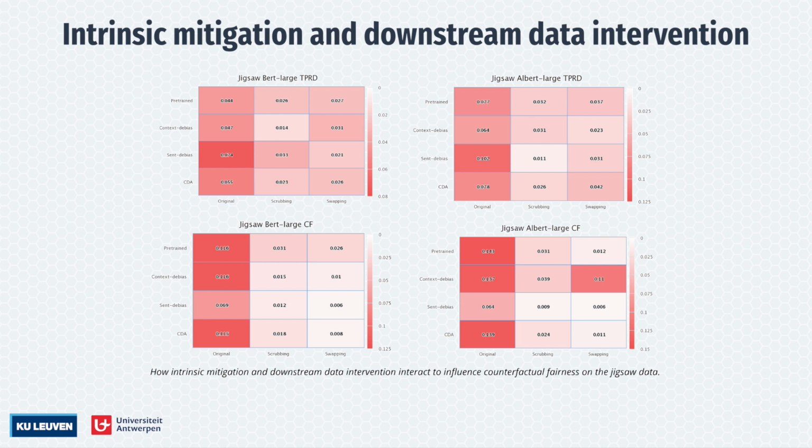In the case of counterfactual fairness, the results are the same, except that Sent-Debias improves counterfactual fairness scores. We postulate that this is because Sent-Debias, based on its mode of application in downstream tasks, behaves more like an extrinsic intervention.